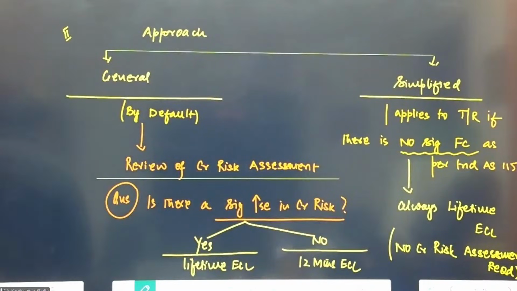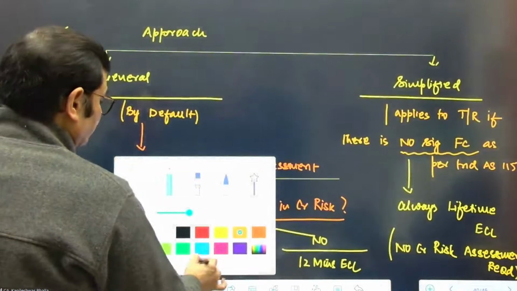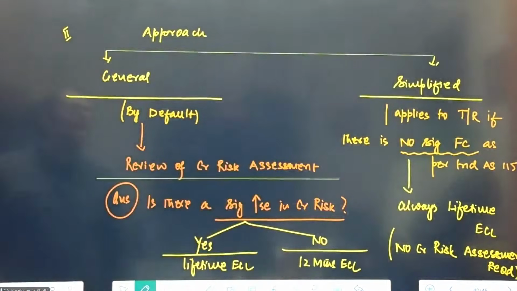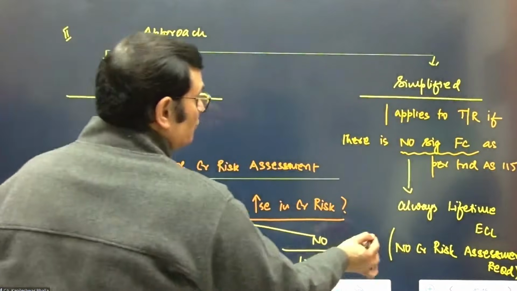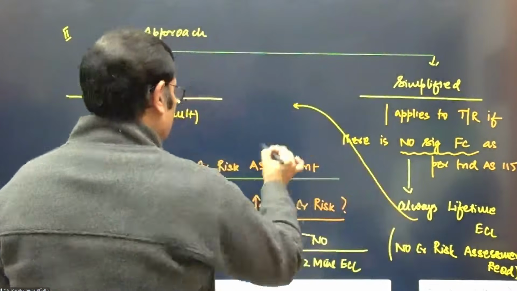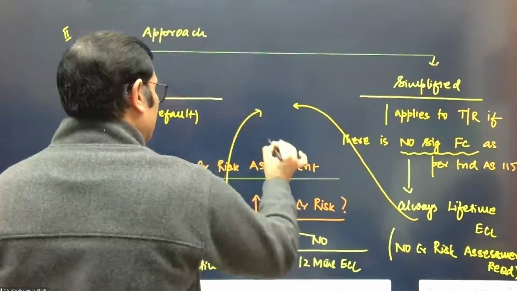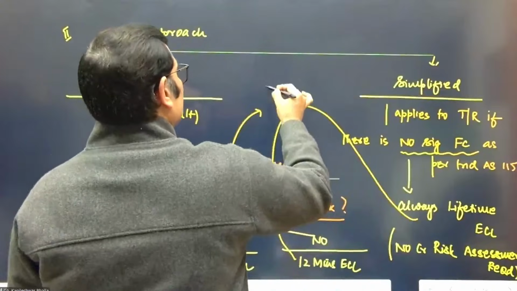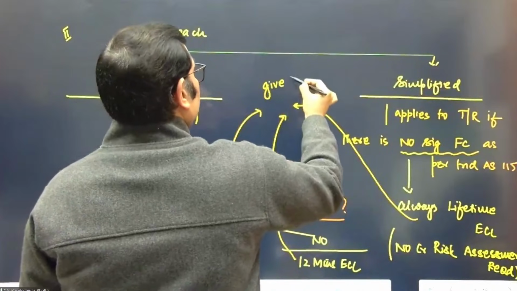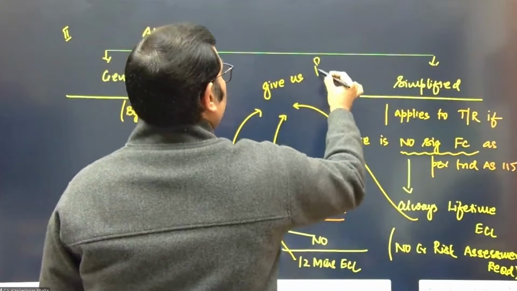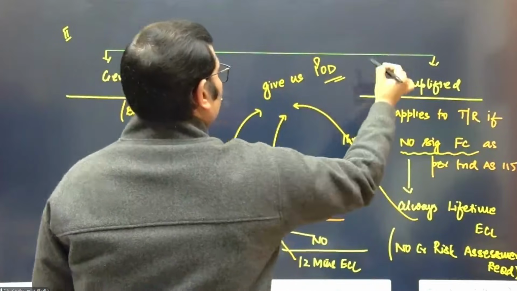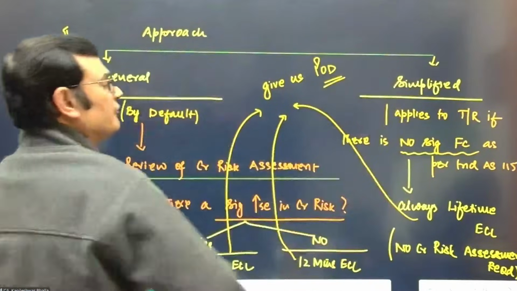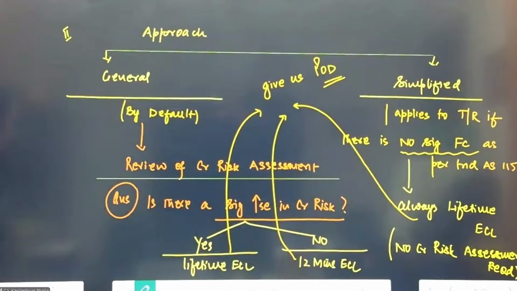And what is this credit risk assessment going to give you? It is going to give you the PD. So once you use the lifetime ECL or the 12 months ECL, this is going to give us the PD, the probability of default, which we need for the purposes of step 3.